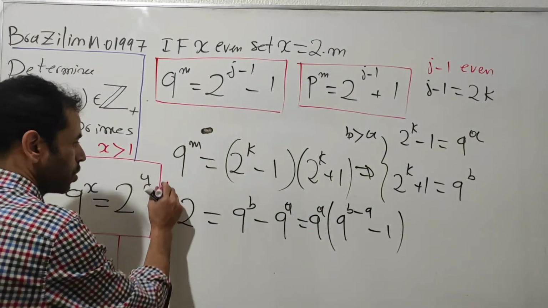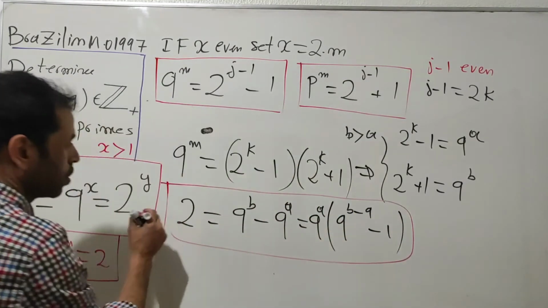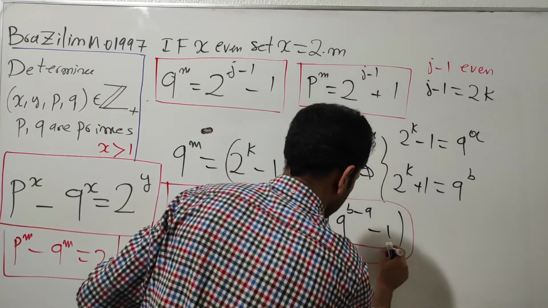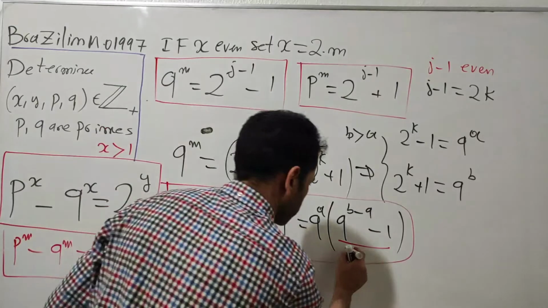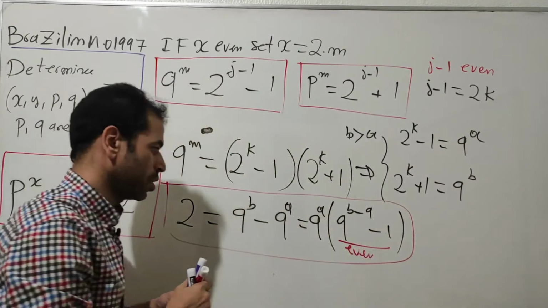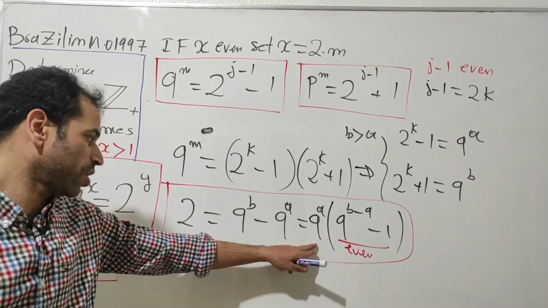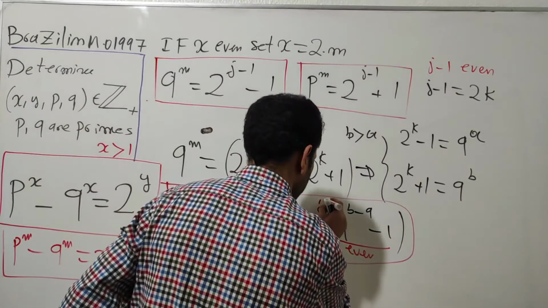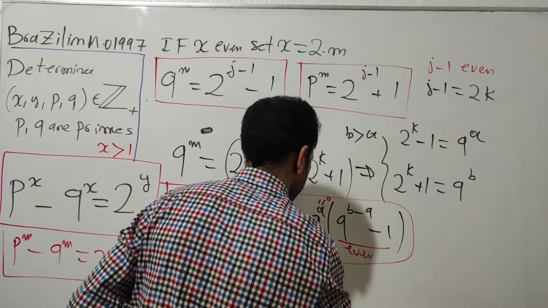So I have ended with this nice expression. This 2 is going to take this one because this one is even. This one is arithmetically odd. It cannot be anything except 1, which in other words means the exponent a must be 0.